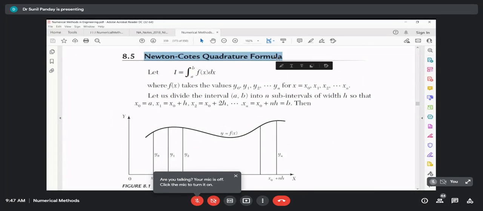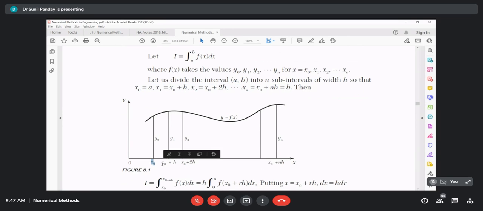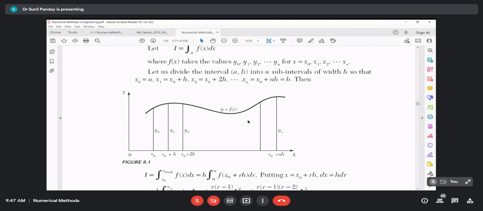This is the Newton-Cotes quadrature formula. In this we have a to b, and then we have chosen n equally spaced points. You can see x naught plus h, x naught plus 2h, up to x naught plus nh. And here we have calculated the values of y at x naught, y1, y2, up to yn.